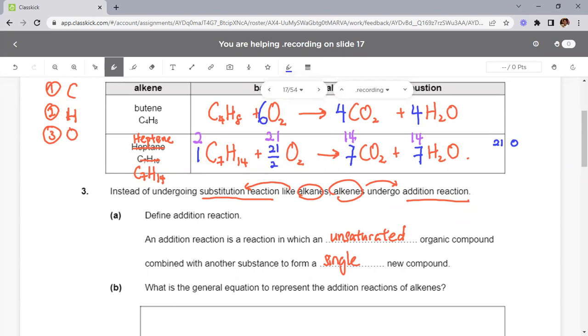What is unsaturated? It is an organic compound that contains this C double bond C. So what homologous series contain this C double bond C? It is your alkenes. That's why your alkenes undergo addition reaction. And when it combines with another substance, it forms a single new compound.